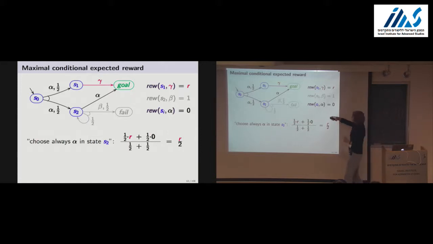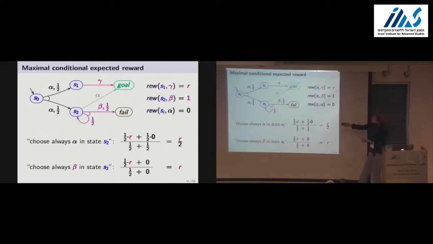So in this case we have 2 successful paths, S0, S1, goal, in which case the accumulated reward is 1/2 times R, or we have the option to go S0, S2, goal, in which case the accumulated reward is 0. This is this part here. And in this case, with probability 1, we reach the goal. So altogether, we get value R/2.